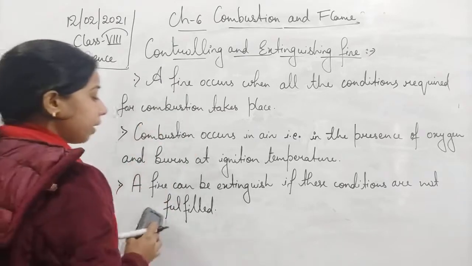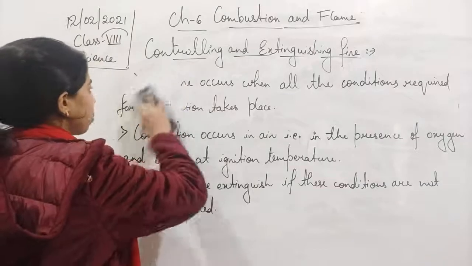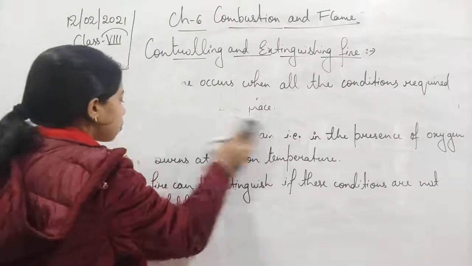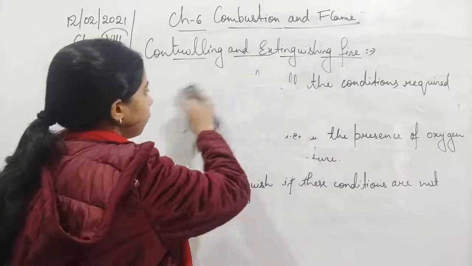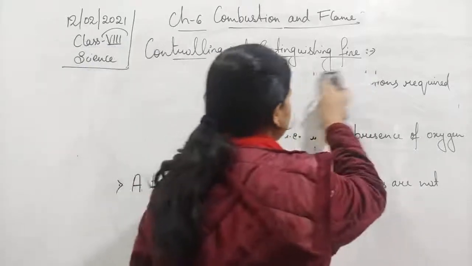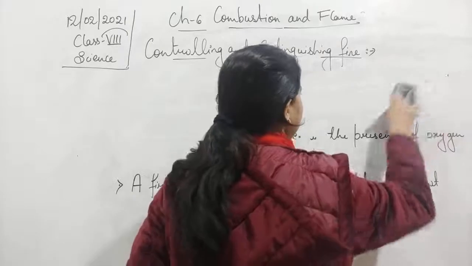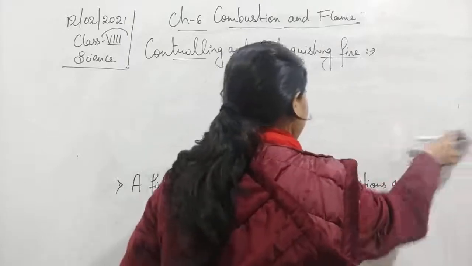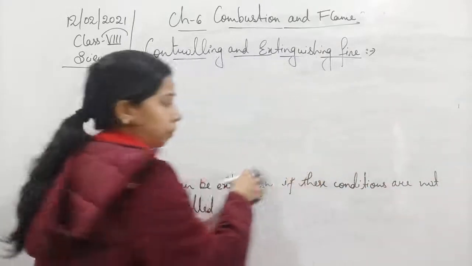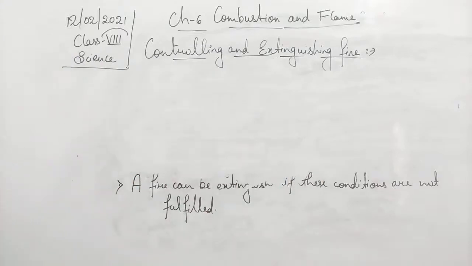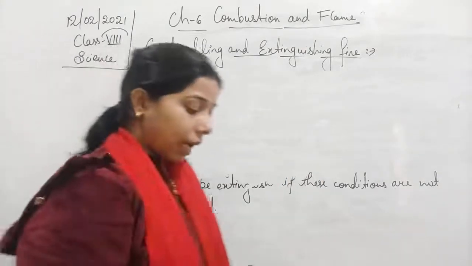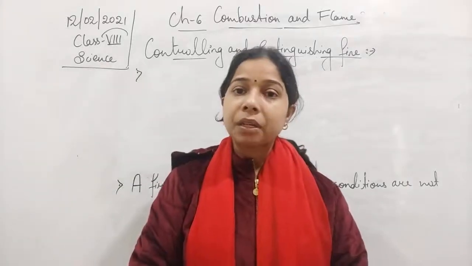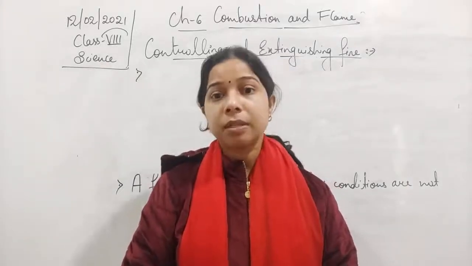Okay, so what are the different conditions? How can we control these conditions, students? There are some methods, and we can write that the first one is, we have seen, students, that the combustion process occurs due to the presence of a combustible substance.